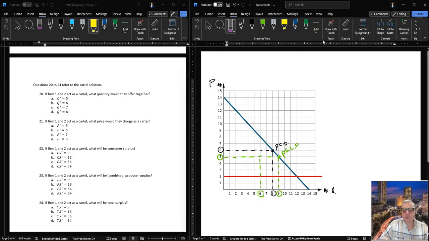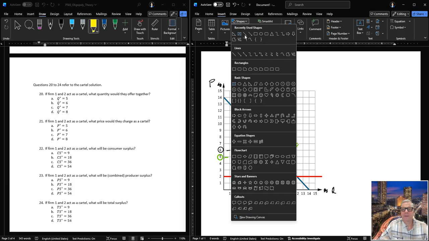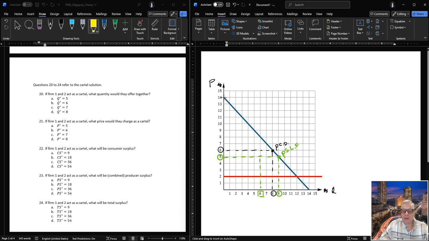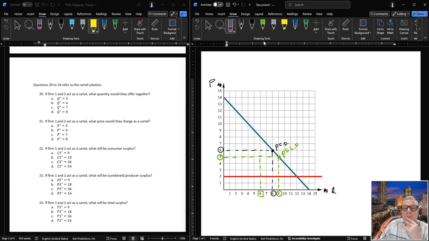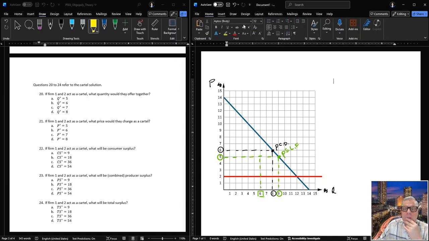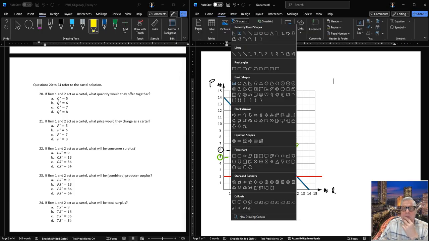So what they will do is they will first create their marginal revenue function, which is twice as steep. So let's see if I can draw that in there. Draw, insert, shapes.